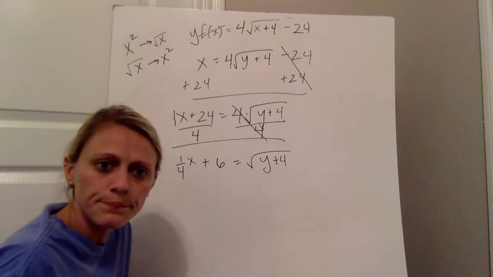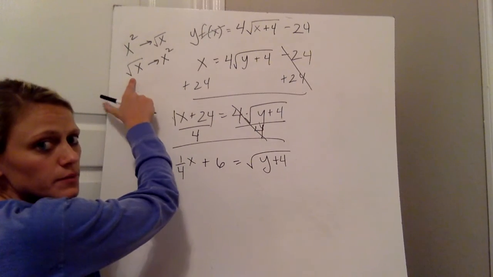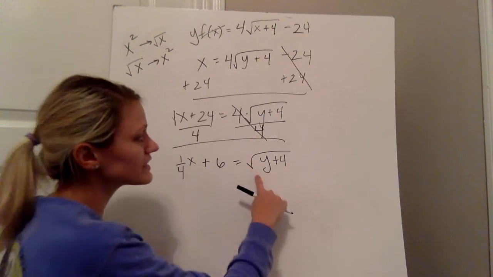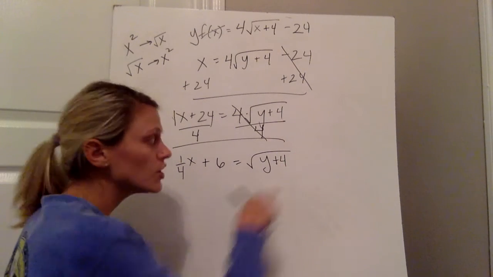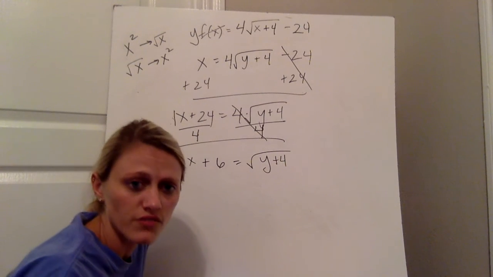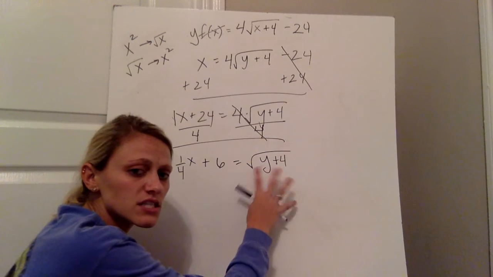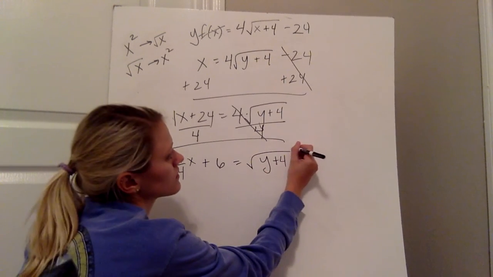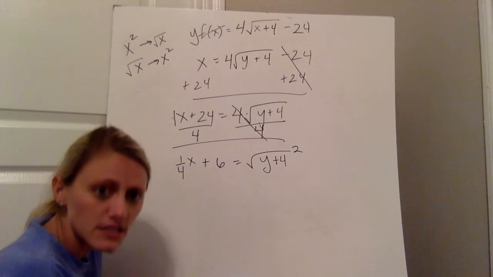of y plus 4. Just like we talked about up here, x squared becomes a square root becomes a squared. In order to get rid of this square root, you have to square all of this. So I'm taking the square root of y plus 4. I want to get rid of this, so I'm going to square it.